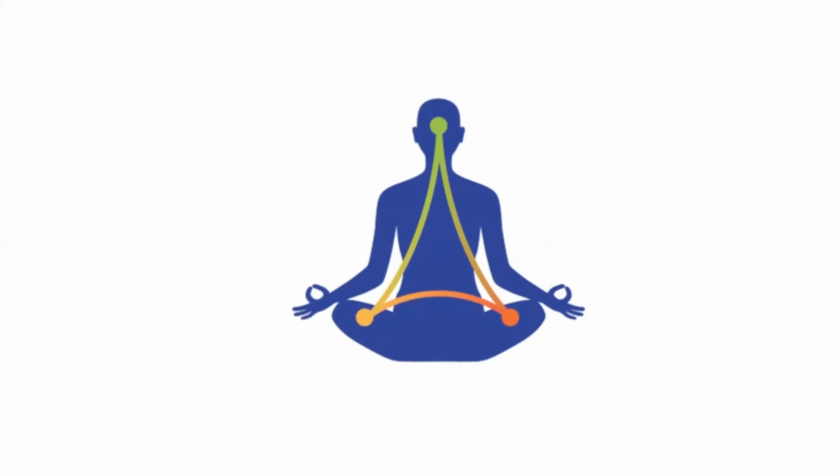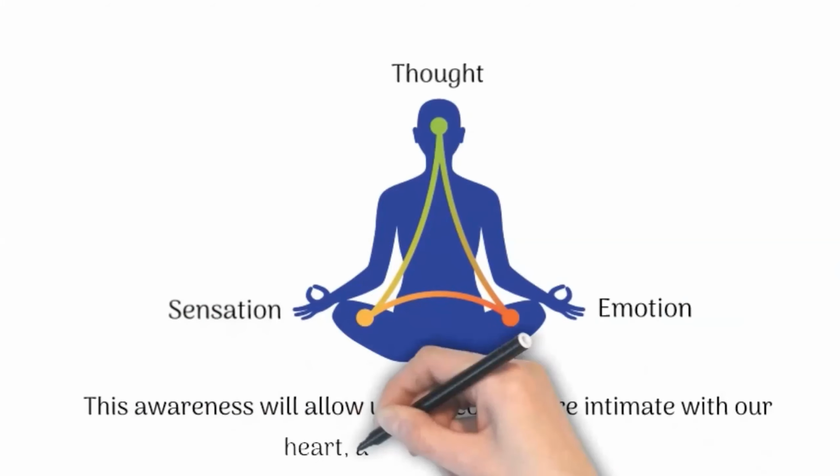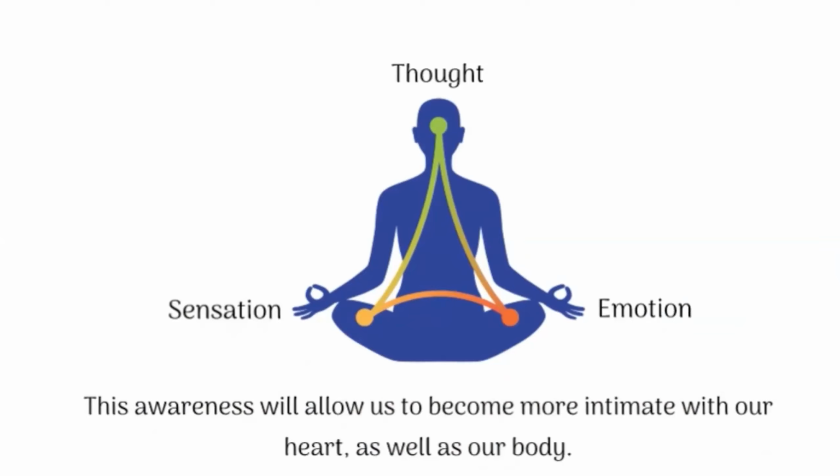How do we go from a sensation in the lower back to a thought, to a negative emotion, and how that spiraling has the power to just take us away and even keep us away? Can we notice? Can we just notice and come back? This kind of awareness will allow us to become more intimate with our heart as well as our body.